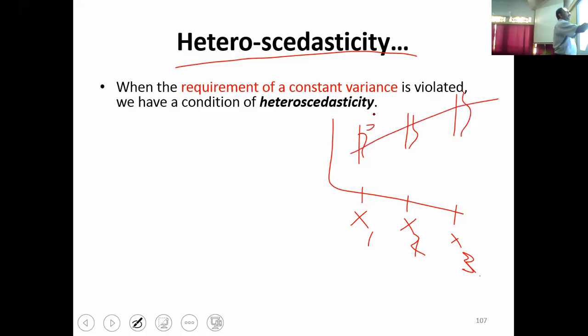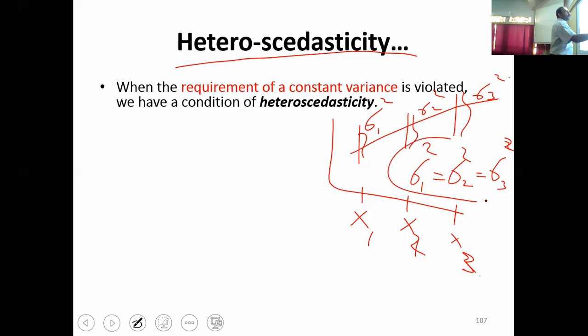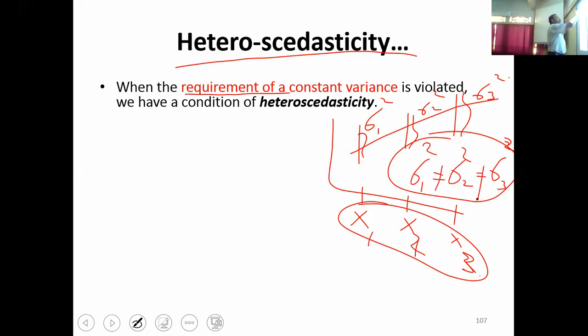When you talk about sigma 1 square, sigma 2 square, sigma 3 square, all sigma 1 square equals sigma 2 square equals sigma 3 square. This is called homogeneity of variance at every level of x. This is one of the assumptions. If these are not equal, then it is called the heteroscedasticity condition.